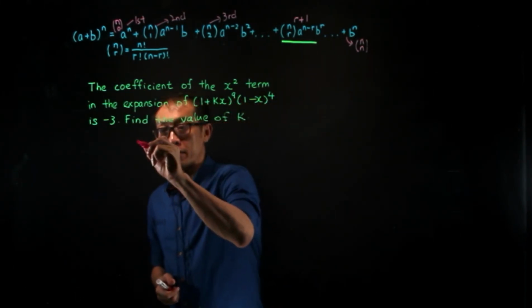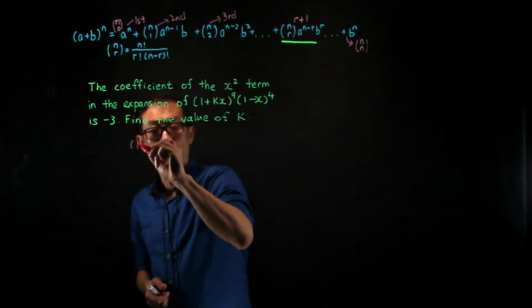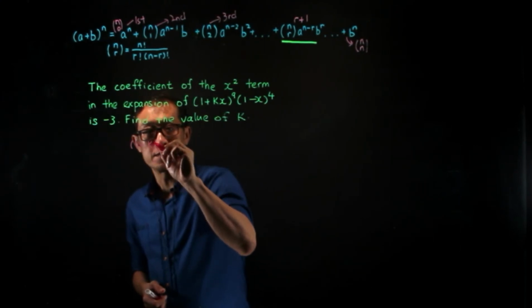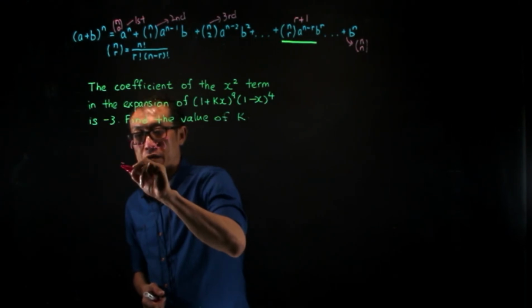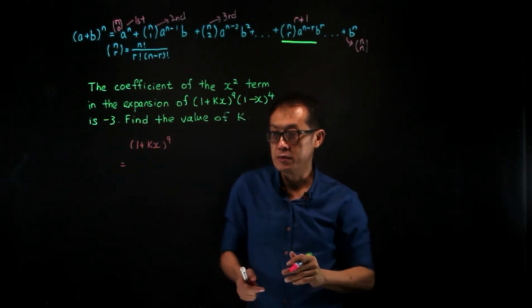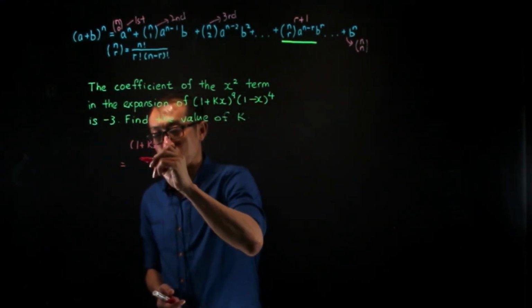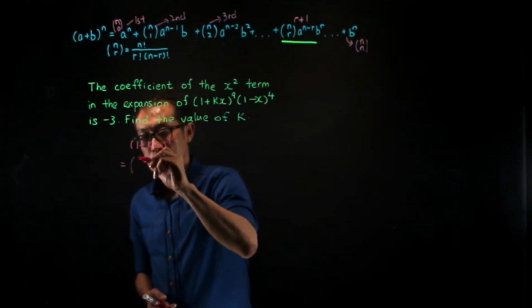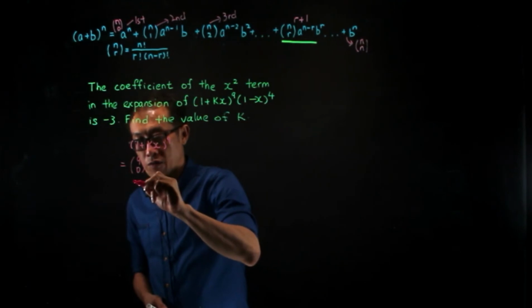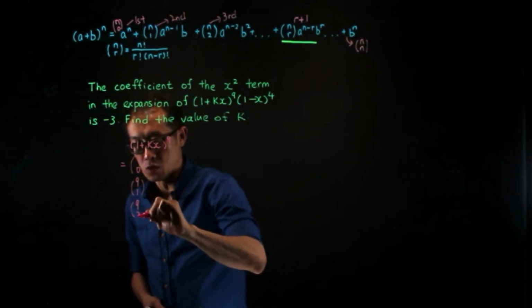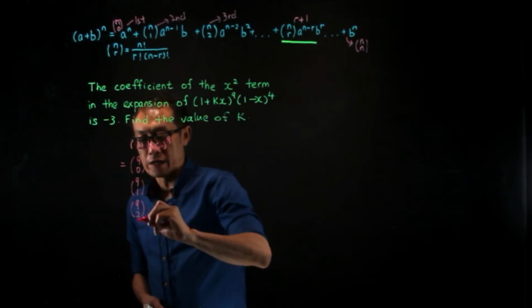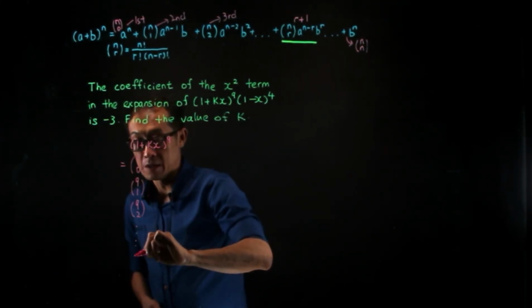Now let me write down this 1 plus kx to the power of 9. If you expand this term, you got 10 terms. We start by doing the nCr term first. So 9C0 followed by 9C1 followed by 9C2, and so on and so forth. We stop here.